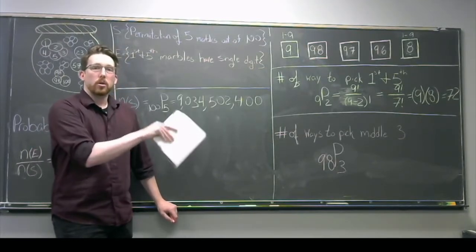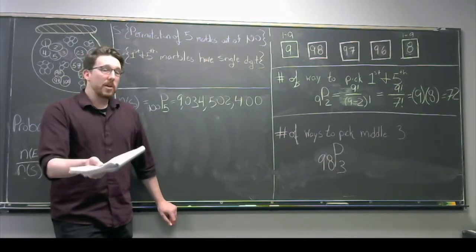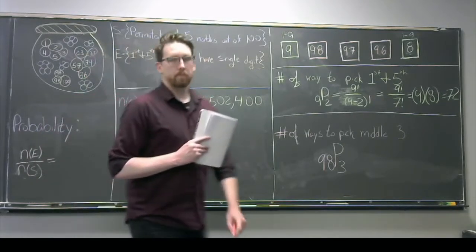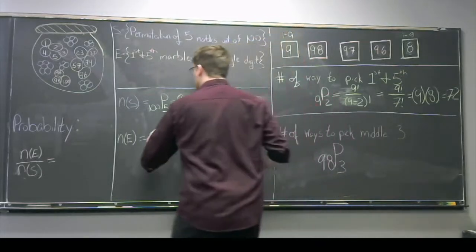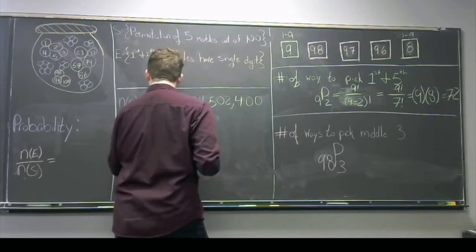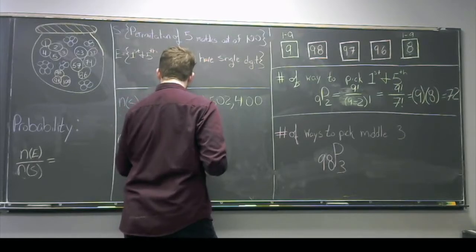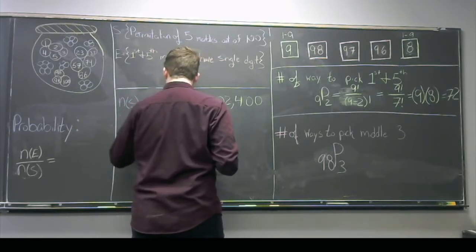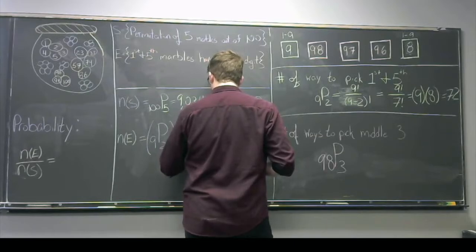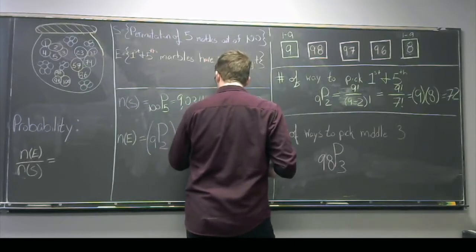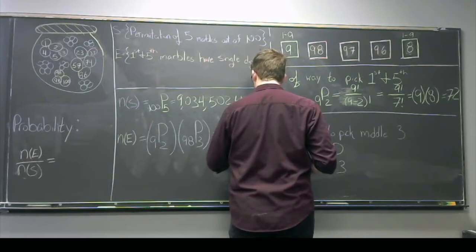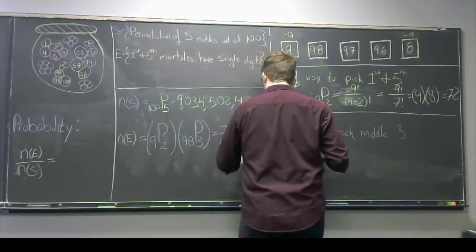So together, by the fundamental principle of counting, the number of ways our event can occur is going to be 9 pick 2 times 98 pick 3, which is equal to 72 times 98 pick 3.